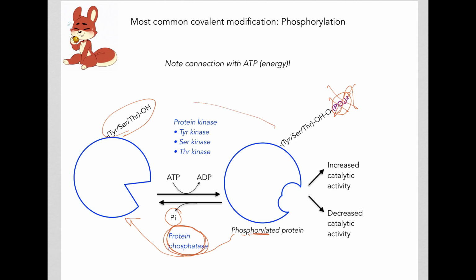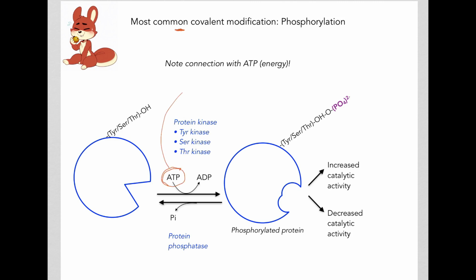It's not surprising that phosphorylation is the most common and most important covalent modification for regulating enzymes, because this is connected to energy, ATP. As we have emphasized many times in previous videos, ATP, the cellular energy present, is very important in regulating metabolism, as well as many other biological processes that we see in our cells.